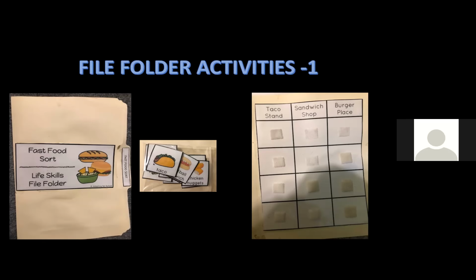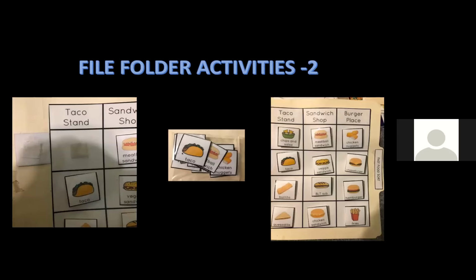They have 3 choices: taco stand, sandwich shop, burger place. And they're going to take those pieces and sort them into which area it might go into. I use a little plastic baggie inside to store all the pieces. So it's a very self-contained piece that I can grab and take with me into the classes that I'm doing.